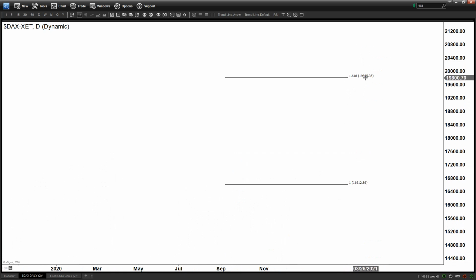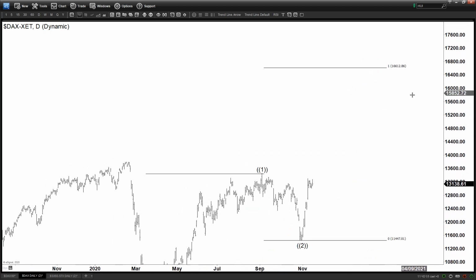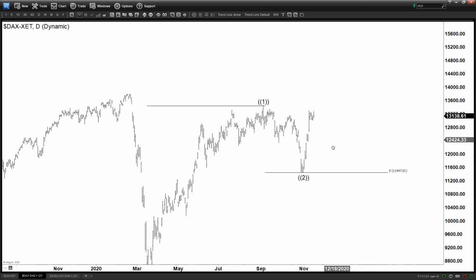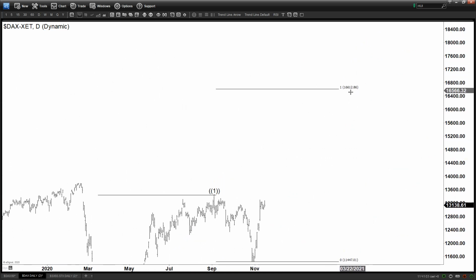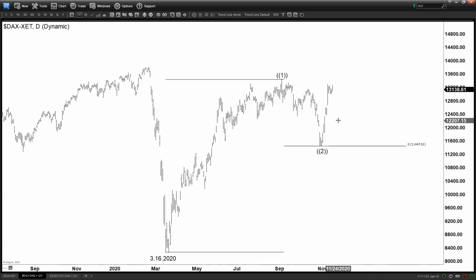It can even go all the way to 161.8, but at the least when you do have a high sequence, it can at least get into the 100%. Now we don't yet have the confirmation, like I said, because we have not broken above 1, but by the look of it, how it looks impulsive, if we are talking about probability, then we should be looking to extend higher and break eventually.